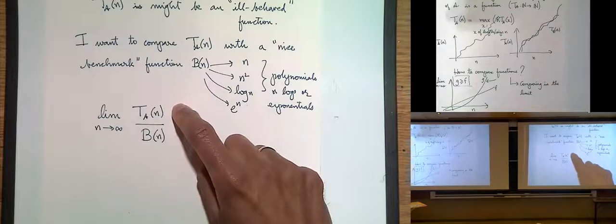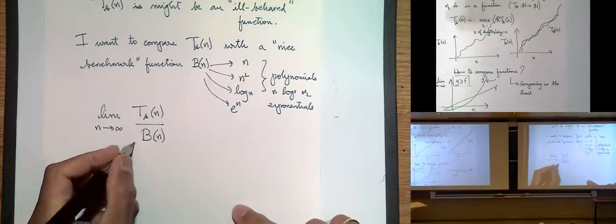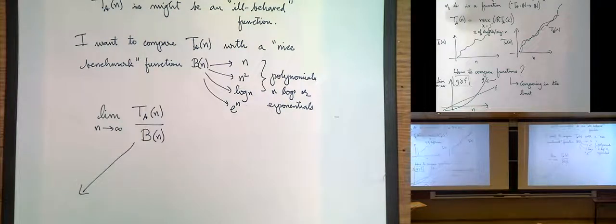In the limit, is your function less than the benchmark? Is it equal to the benchmark? Is it more than the benchmark, roughly speaking? When you take this limit, there are actually three possibilities.